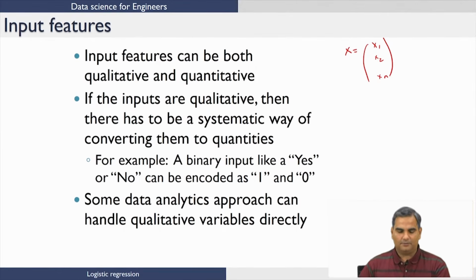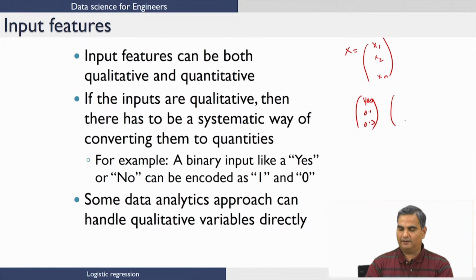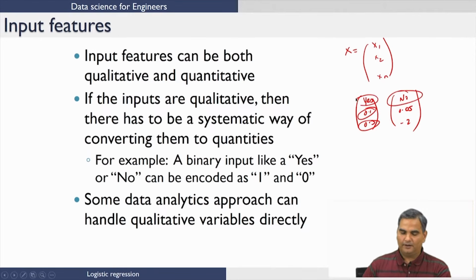One simple example is if I have a binary input like a yes or no for a feature. So, what do we mean by this? I could have yes, let us say 0.1, 0.3, and then another data point could be no, 0.05, -2, and so on. You notice that these are quantitative numbers, while these are qualitative features. Now, you could convert this all into quantitative features by coding yes as 1 and no as 0.